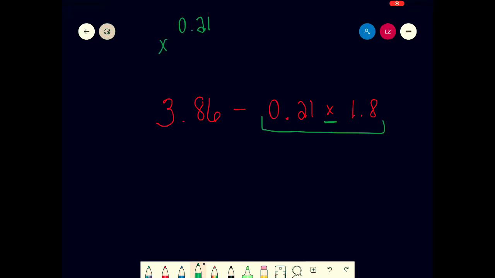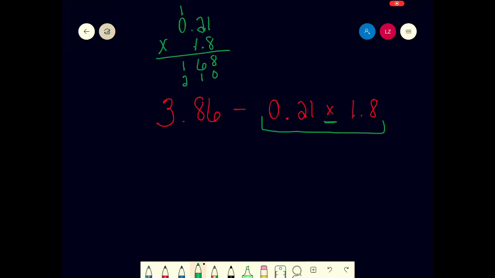1.8. All right, again, look, I didn't have to line up my decimals. I'm just going to do it like this. 8 times 1 is 8. 8 times 2 is 16. 8 times 0 is 0, plus 1 is 1. I'm going to hold my spot. I'm going to creep into my problem here. I'm going to do 1 times 1 is 1. 1 times 2 is 2. 1 times 0 is 0.